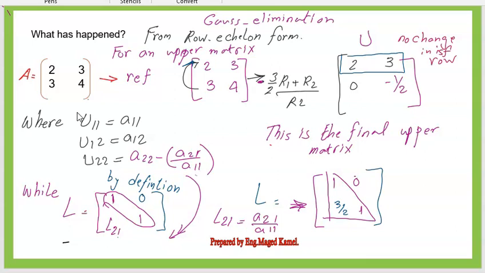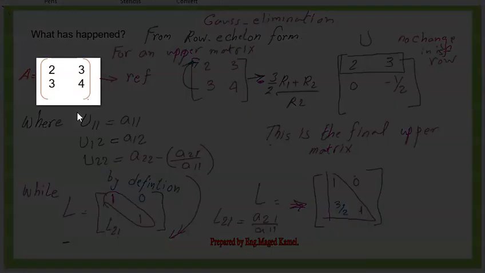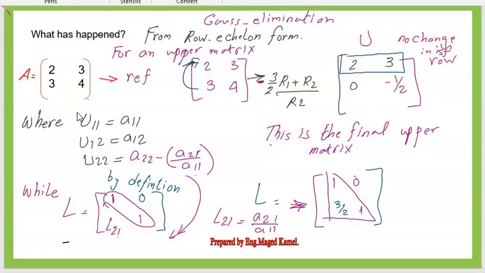For the given matrix A, which is 2 by 2, it is 2, 3, 3, 4. To convert this matrix into an upper matrix, we want the diagonals to be non-zeros and to let A 2, 1 become 0.